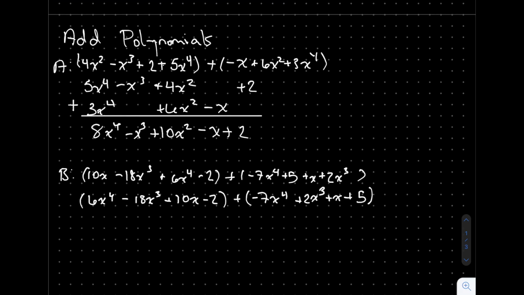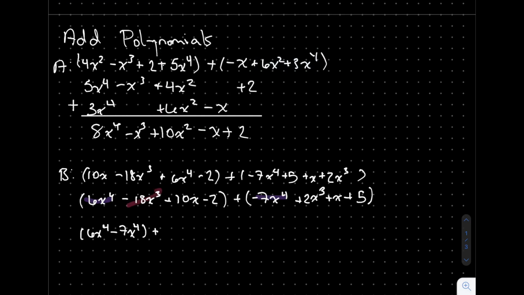All right, so now that we've got each one written in standard form, we're just going to combine our like terms. So let's identify. First we're going to take our 6x to the fourth and our negative 7x to the fourth. Those are like terms, so we've got 6x to the fourth minus 7x to the fourth, and we'll move down the line, just grouping together all of our like terms.